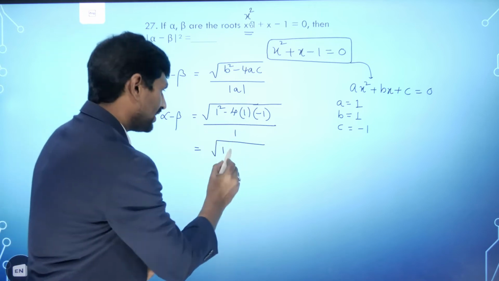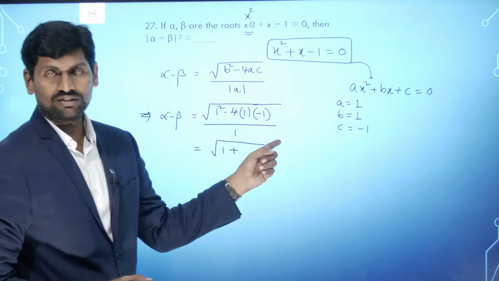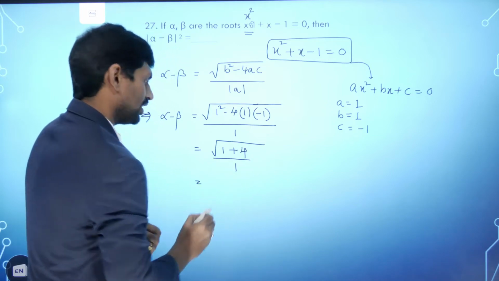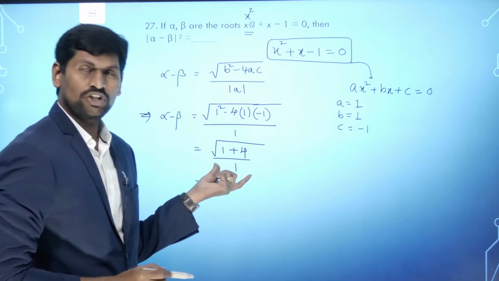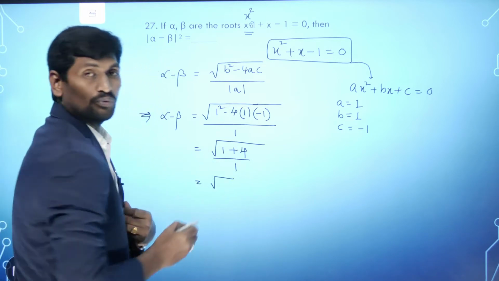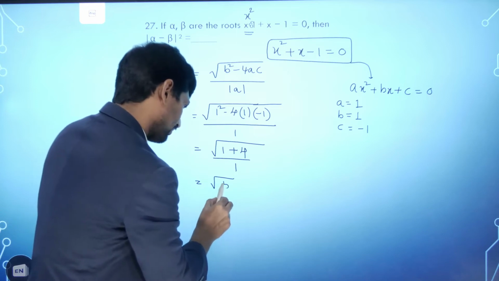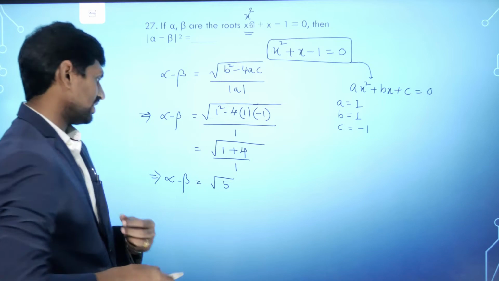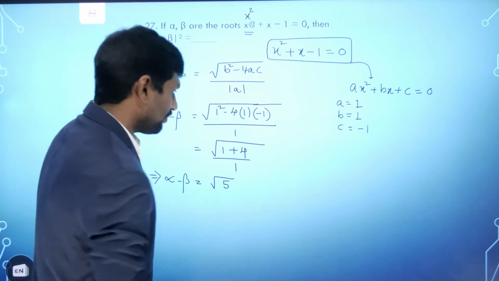Here minus into minus is plus, 4 ones are 4. Denominator we can eliminate because denominator is 1 now. So root over 1 plus 4 is 5. So I found the value of difference of roots is root over 5.